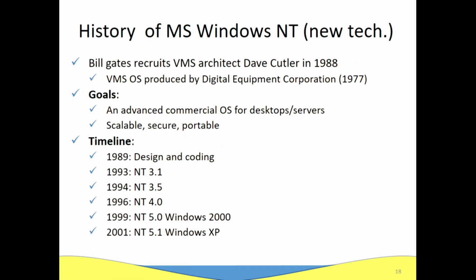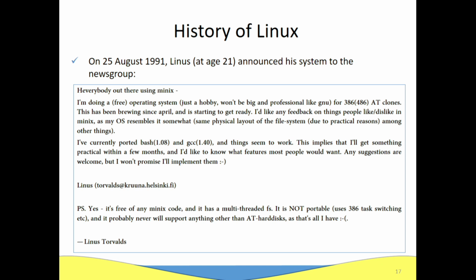Well, Professor Andrew Tanenbaum, who developed Minix, and you can see that Linus based his kernel, his operating system, on Minix, was quite skeptical towards Linux. As Linus stated in his announcement, Linux initially was designed for Intel processors only, for these two processors.